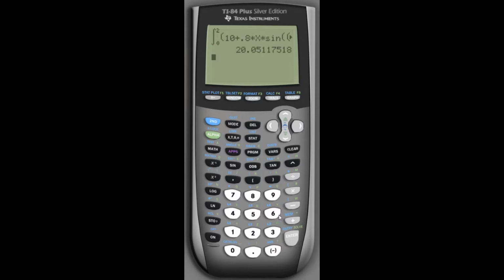And so we have 20.051, which is the number of pounds of bananas that are removed from the display table during the first 2 hours that the store is open.